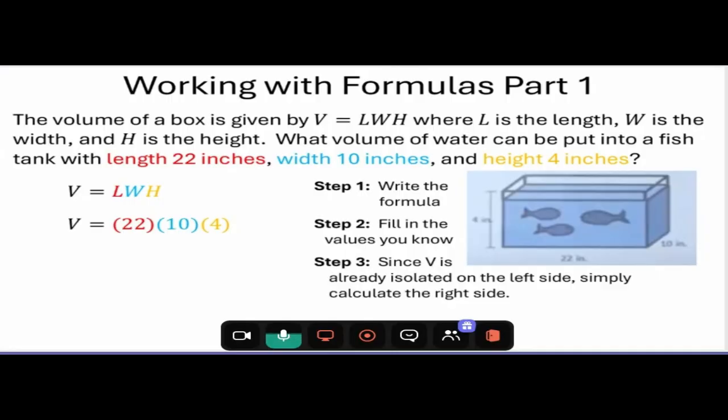Since V is already isolated, simply calculate the right side. 22 times 10 times 4 on your calculator. No need to do this by hand at this point. 880 cubic inches. And again, the inches cubed is just notation for volume. We're saying how many little plastic 1 by 1 by 1 cubes could we fit inside that fish tank to fill it up? And it would be 880 of them.